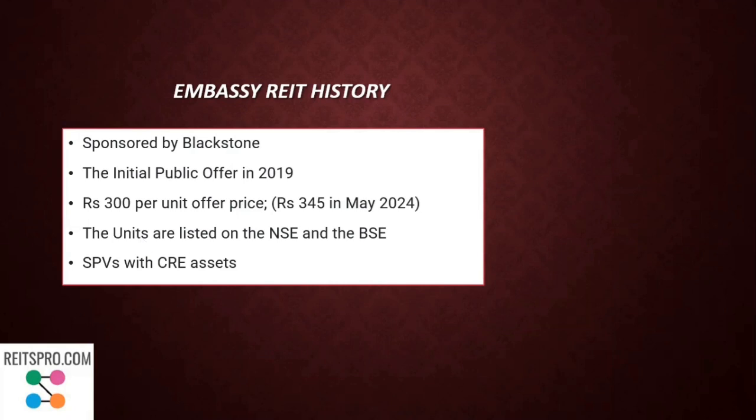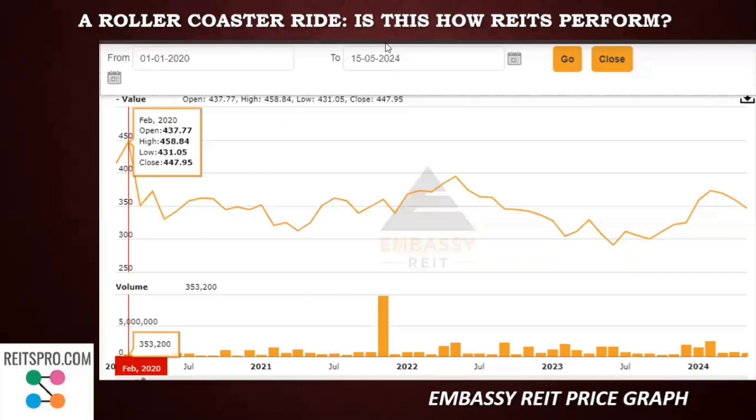Now, if you see, there has been a roller coaster ride, and is this how REITs perform? is a question that normally people will ask. At the time in February 2020, it reached a high of around 430, 447 here.